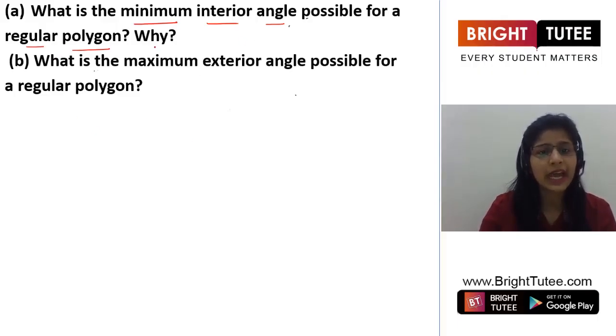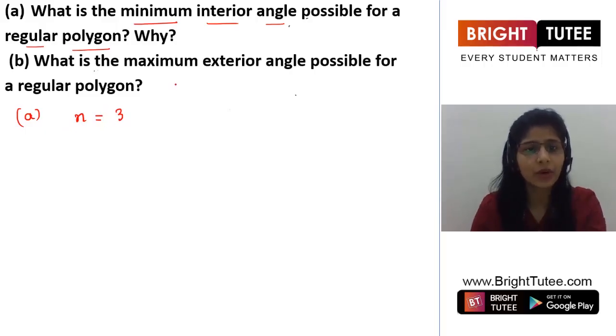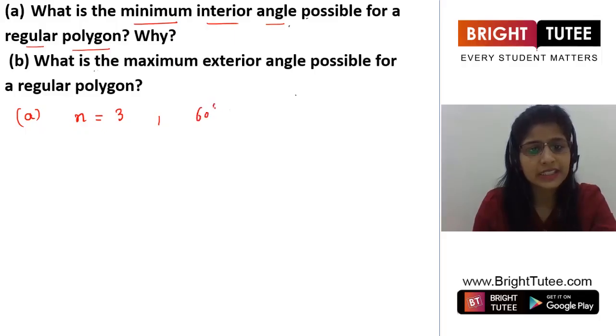So a regular polygon with the minimum number of sides has n equal to 3 here, right? Because it is an equilateral triangle, the measure of each interior angle is 60 degrees.